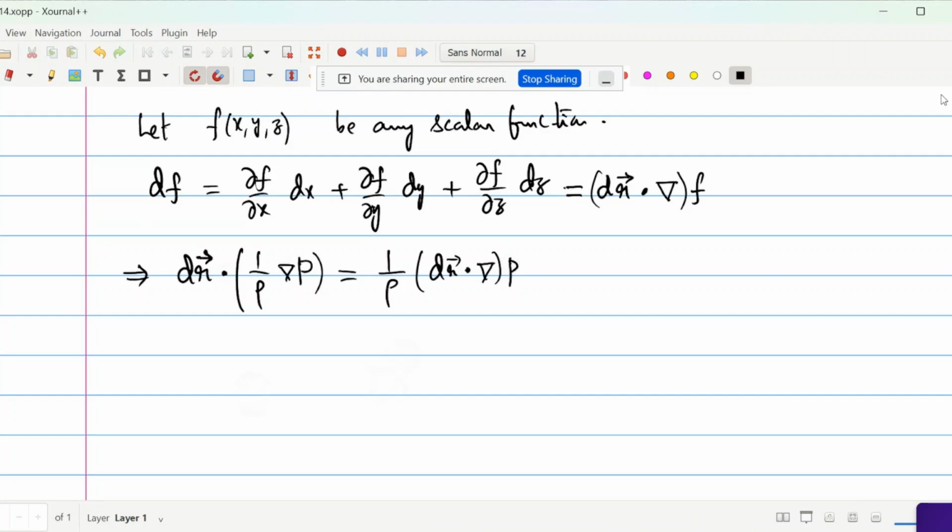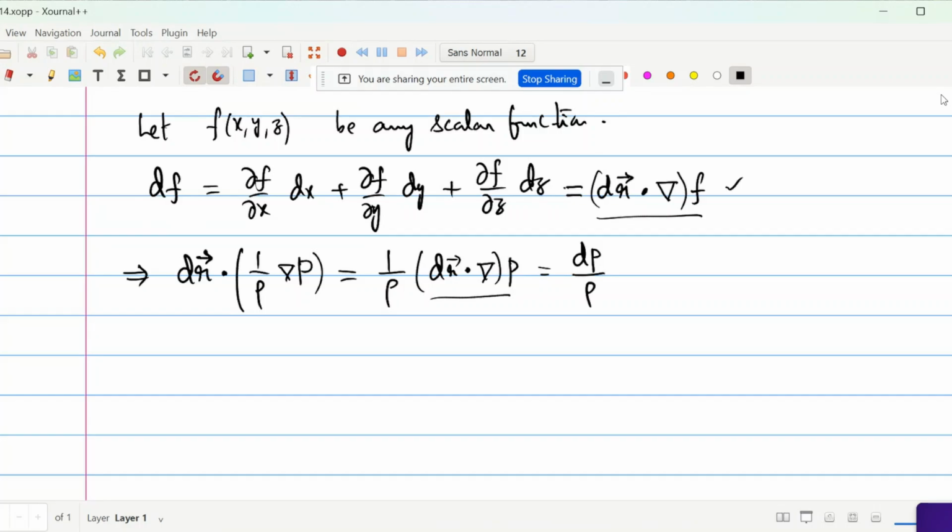Now observe this: dr dot grad acting on f is actually df. So dr dot grad acting on p is our dp. This is nothing but dp divided by rho, the total derivative of p divided by rho. The total derivative is only in x, y, z variables. 1 by rho as it is. So this quantity is simply dp from this.